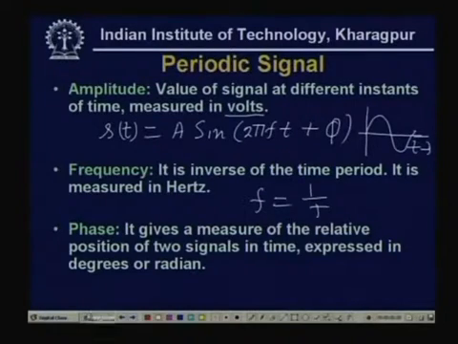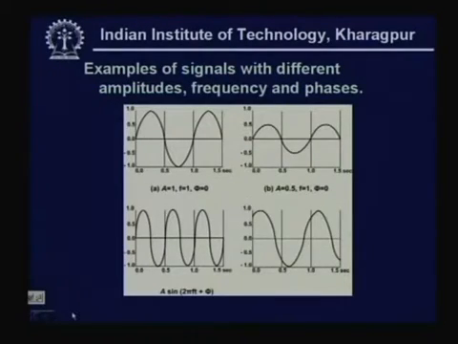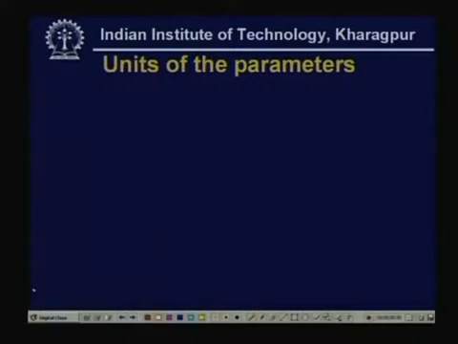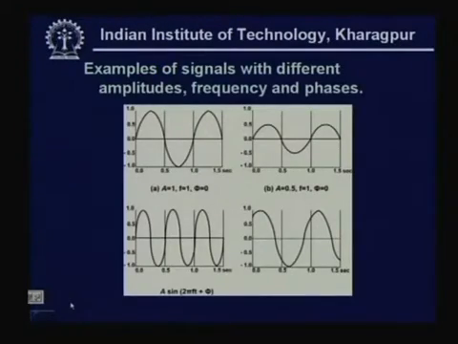Let us see examples of signals with different amplitudes, frequency and phases. For example, this particular signal, as you can see, has peak amplitude 1 volt.